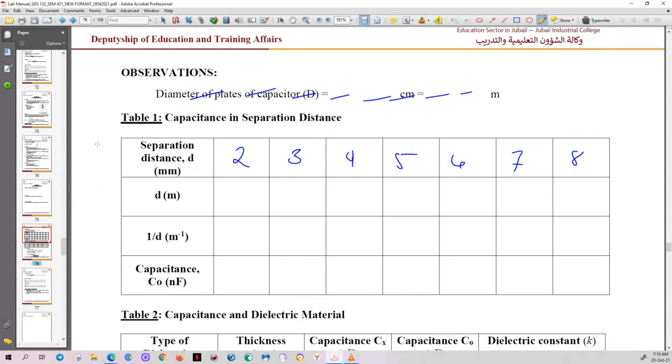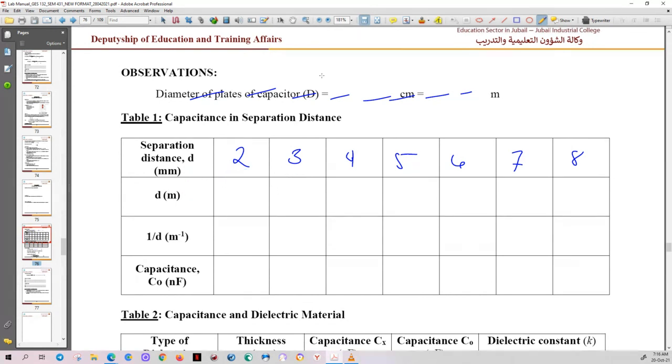Multiply 1000. Multiply or divide? Divide. Okay, you can divide by 1000, or you can actually multiply by 10 raised to minus 3. Any of these two methods is the same, but we'll take divide by 1000.